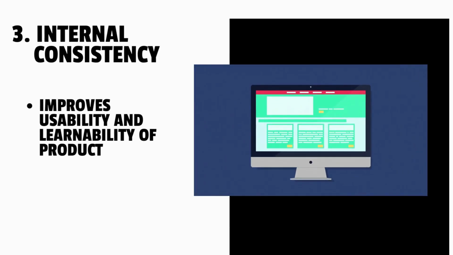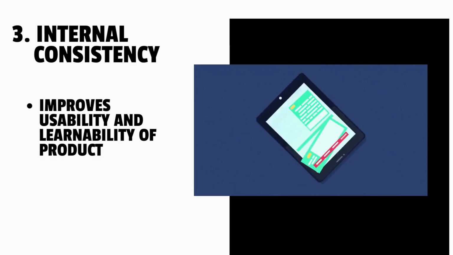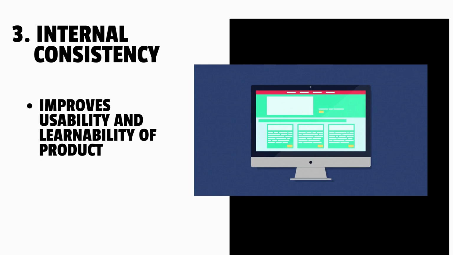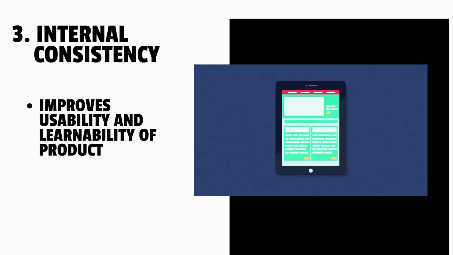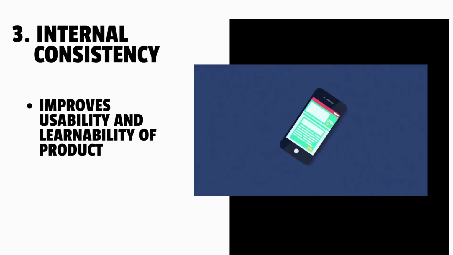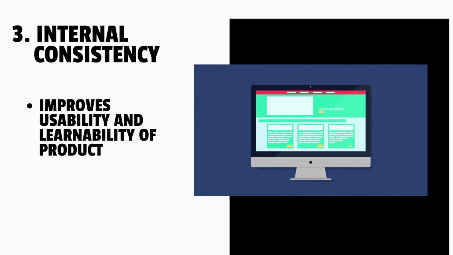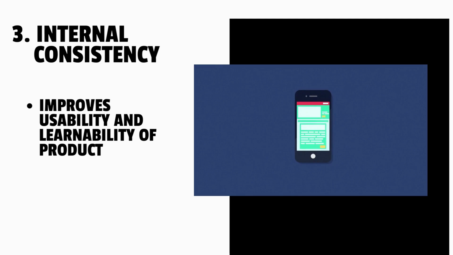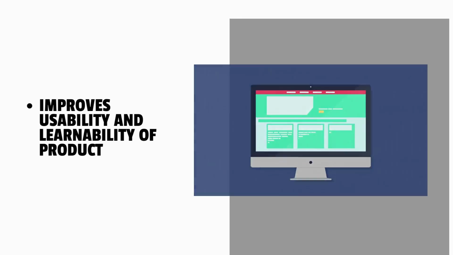3. Internal consistency. This is the combination of both visual and functional consistency in your product design. It improves the usability and learnability of the product. Even when you introduce new features or pages, users will have an easy way of using them as long as you keep the internal consistency.